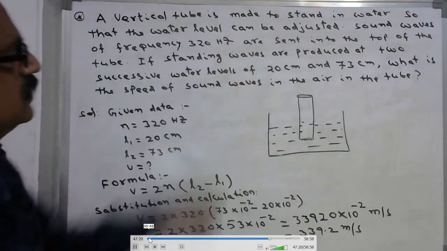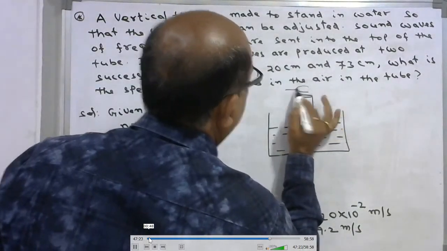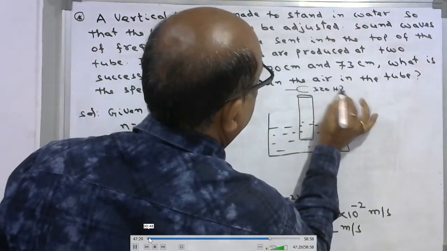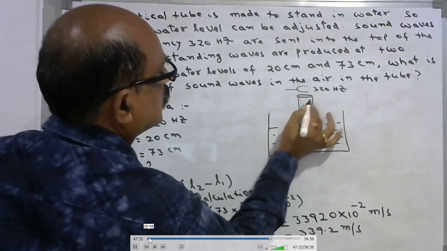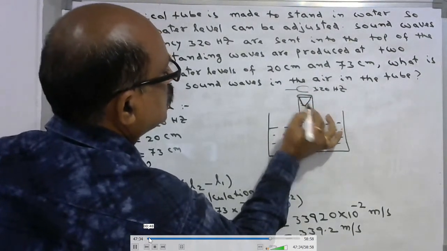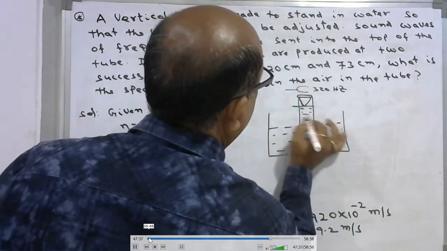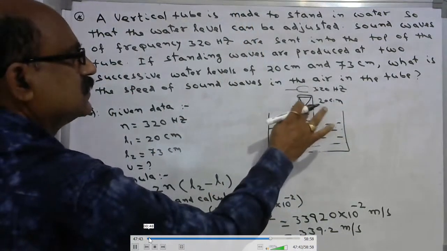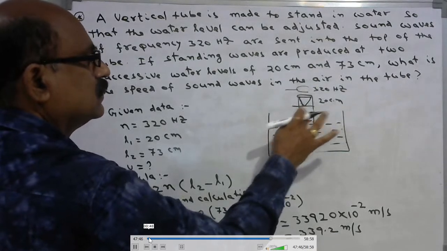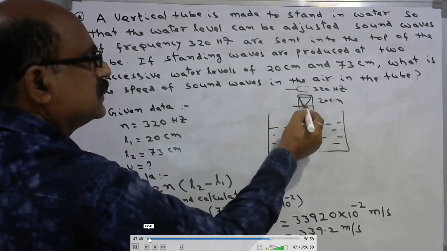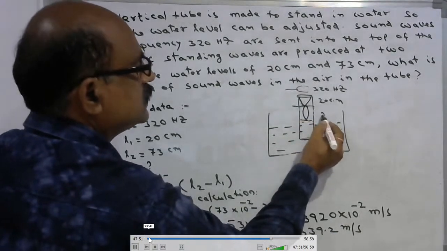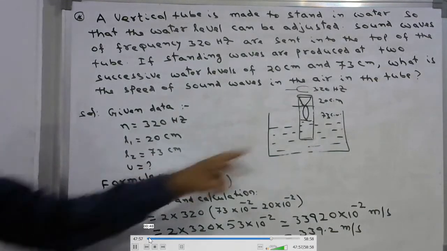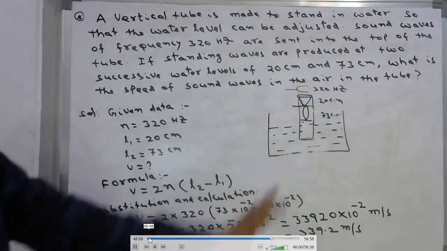Now when a tuning fork of frequency 320 Hz is hit here, a standing wave is formed first at the level of 20 centimeters, and the next resonating stage occurs at 73 centimeters. Then we have to determine the velocity of sound, or speed of sound, in the air.